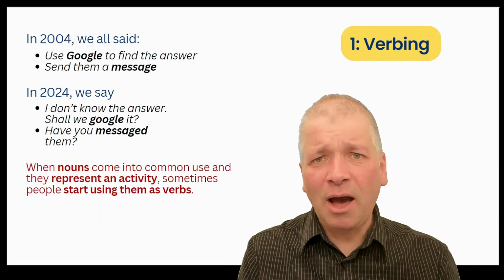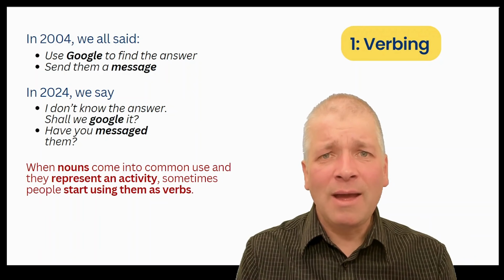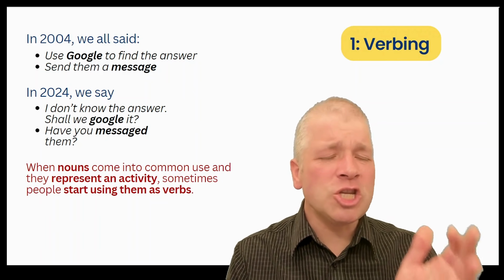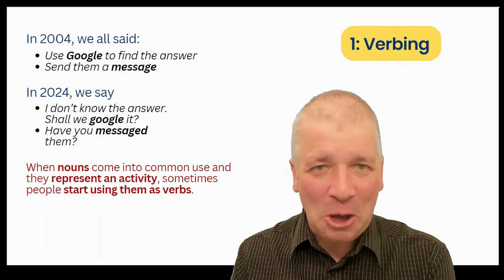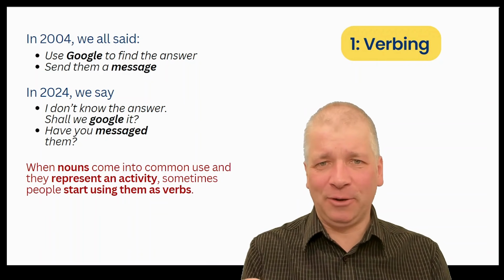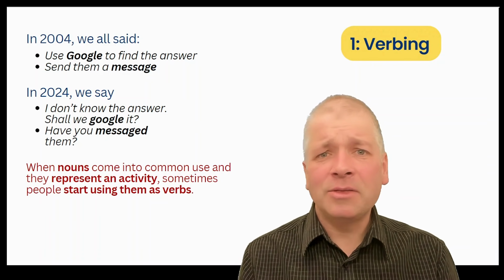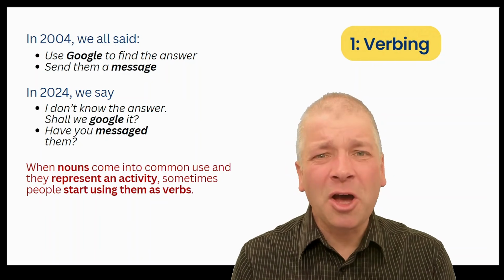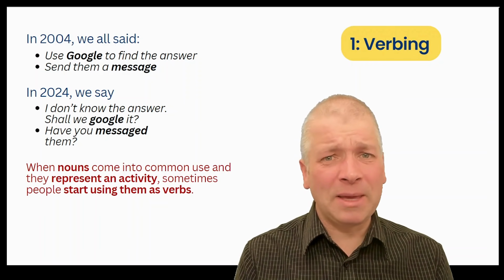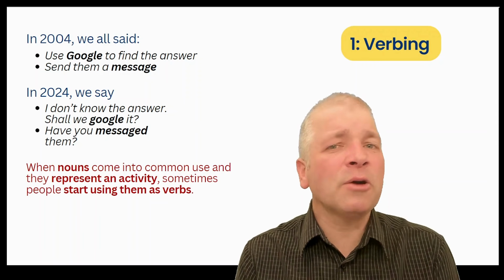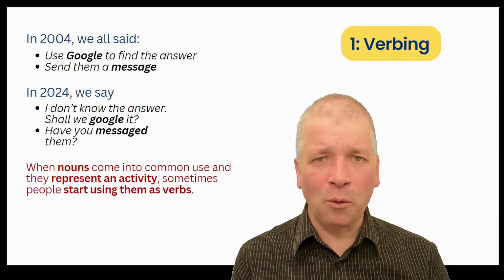When nouns come into common use and they represent an activity, sometimes people start using them as verbs. So that's what's happened. Google became such a common activity that people started using it as a verb. Messages became so common that people started using it as a verb because there was an activity involved.